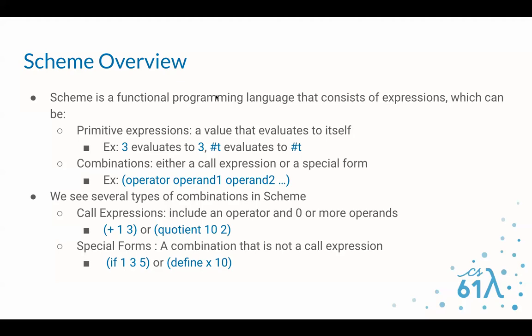The big thing about Scheme is that it's a functional programming language that consists of expressions, which means that everything is evaluated. Any expression that you pass into Scheme is evaluated to some final value. It breaks up into two different types of expressions.